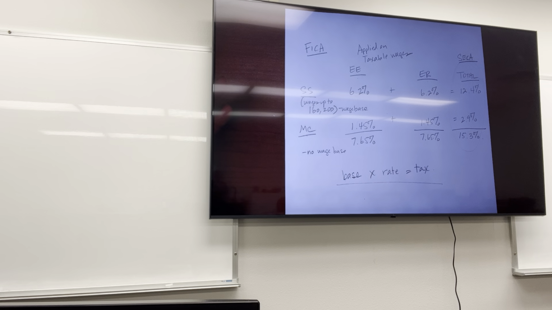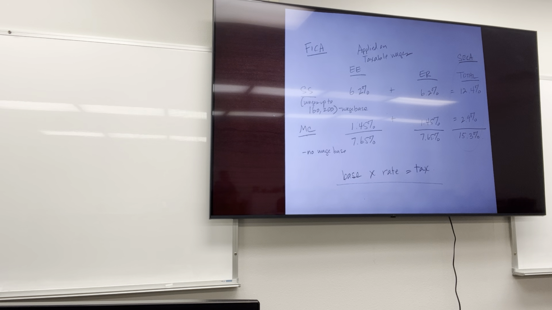If you think about even property taxes, your wage base for property taxes is the value of the property. The rate is then whatever the assessed rate is that the state applies on that property. So if your property is valued at $100,000 and the rate is 5%, you're going to pay $5,000 in property taxes on that.